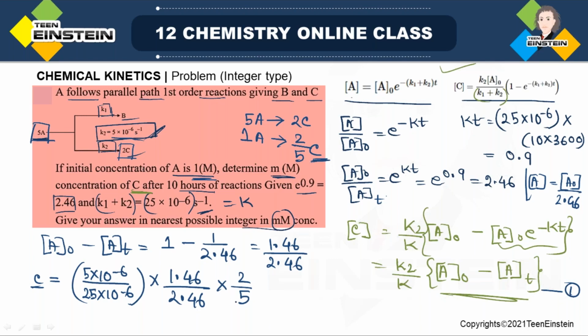If we multiply by 2 by 5, then only we will get the actual value.